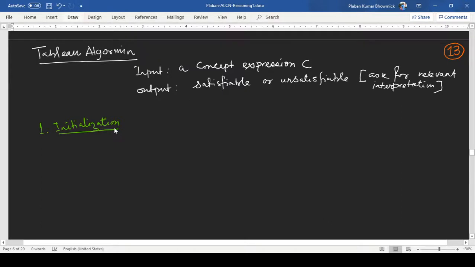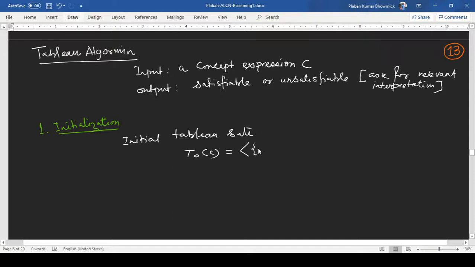Now what we will do in the initialization, we define the initial tableau state, right? So our initial tableau state, we denote it as T0C because it is with respect to the input concept C. It will have again the set of vertices, and what would be that?